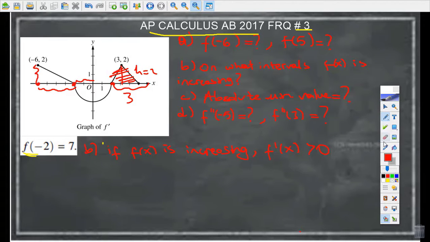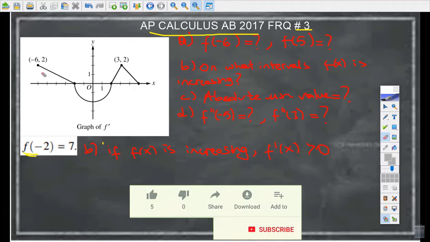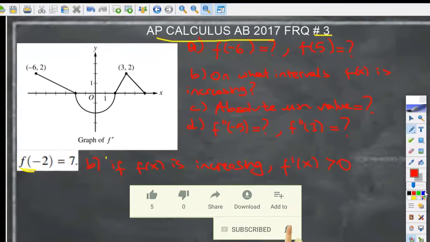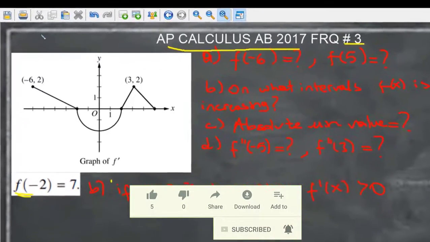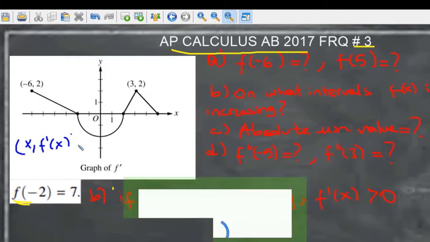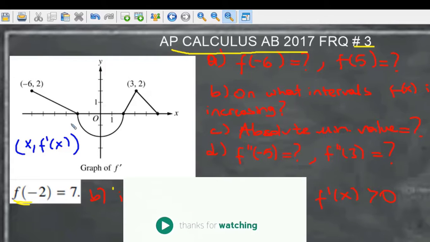So basically, we're going to look at where the f prime x values are positive. Since we are given the graph of the first derivative, any point on this graph can be represented by x comma f prime x, which means we're switching the y values with f prime x values.